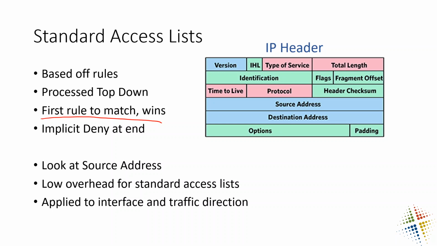And then lastly, there's an implicit deny at the end. And this is oftentimes a really hard one for everybody, whether you're a seasoned engineer or brand new to the idea of firewalls, is that there is a deny at the end, which means a lot of the rules that you create up here are going to be permit rules.